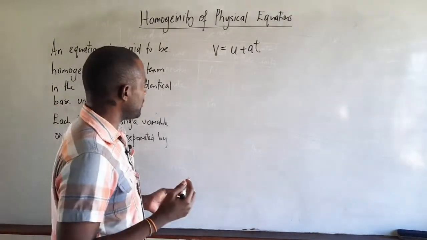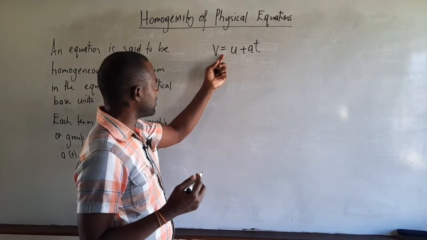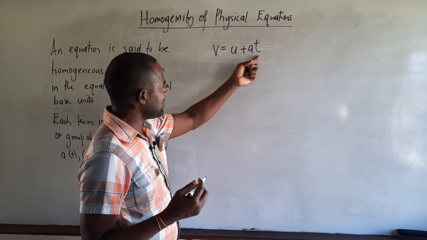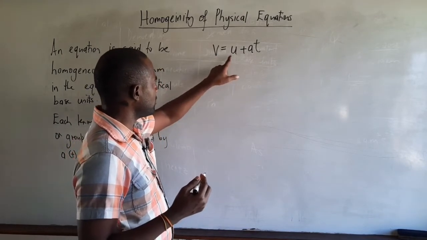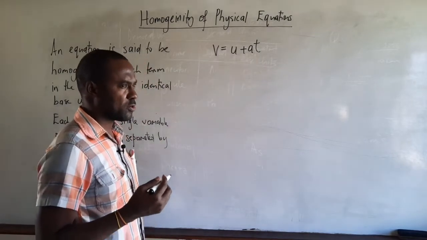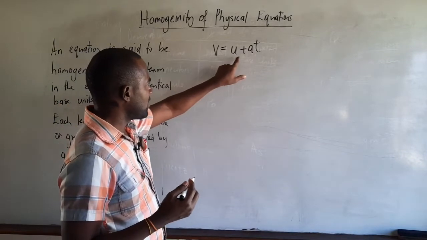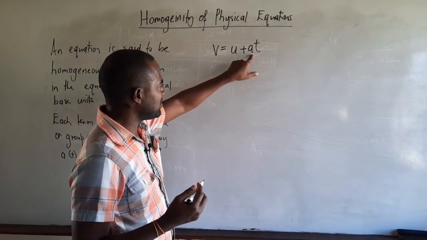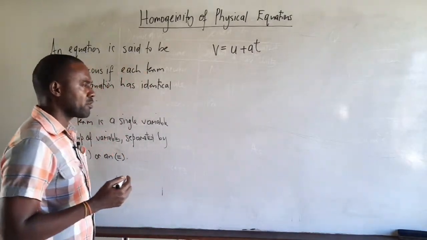So if we look at this equation, we see that v and u are separated by an equal sign, and u and at are separated by a plus sign. And so therefore we have 3 terms in this equation. So v is a term, u is a term, and the combination of a and t together gives us the third term.